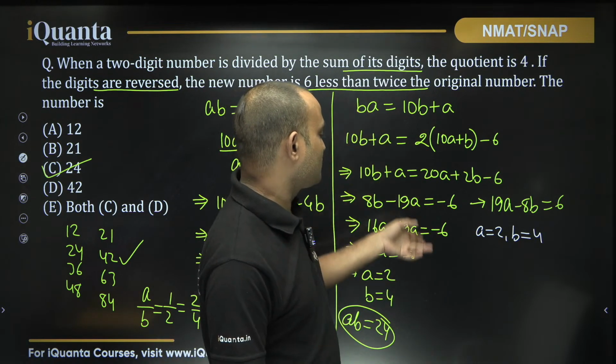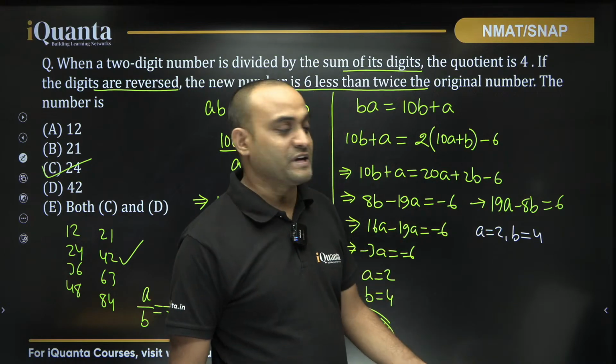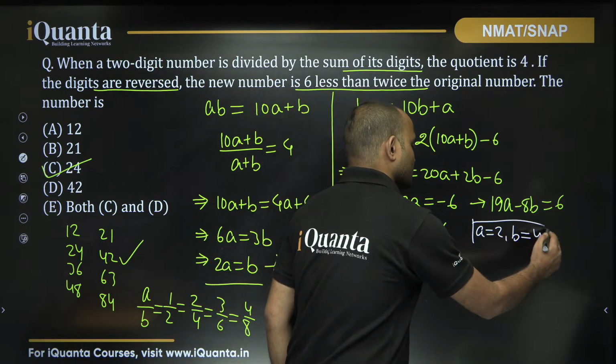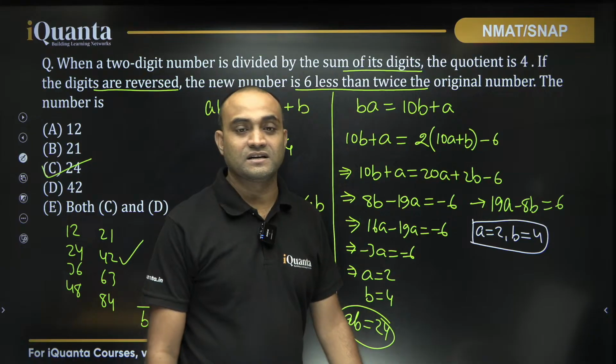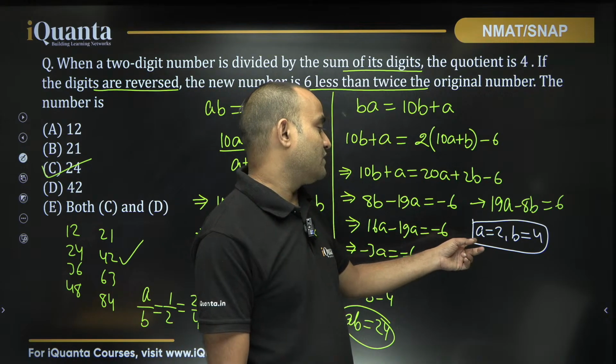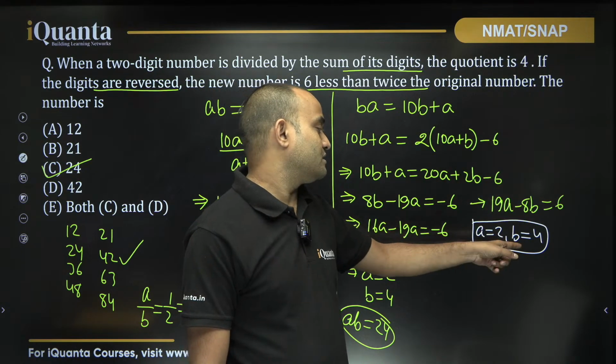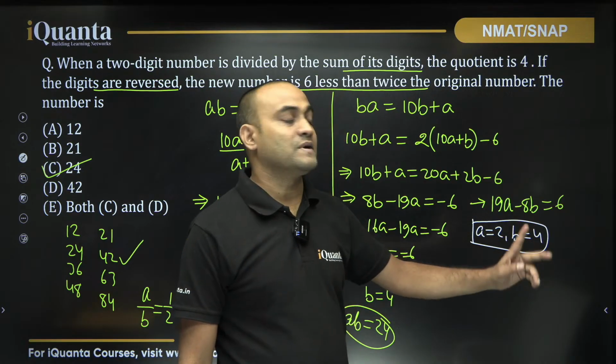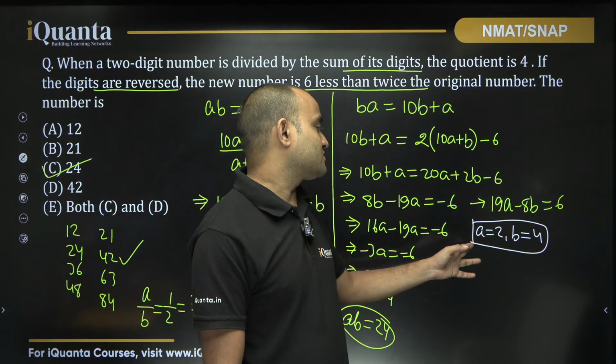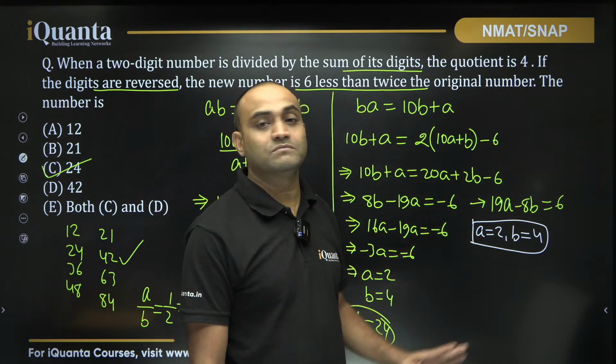If we solve from here, 19A minus 8B is equal to 6, only one solution is possible, right? Because the next value of A will increase by the coefficient of B, and the value of B will increase by the coefficient of A. So the next value of A will become 10, B will become 23.